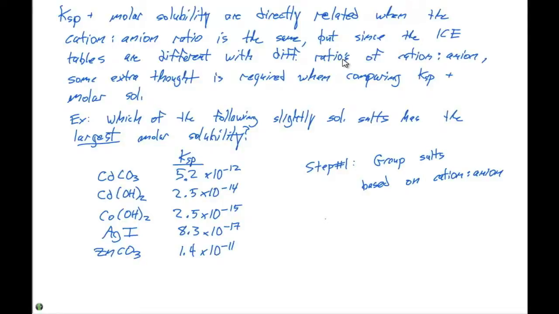There's a group that I'm going to call AB and a group that I'm going to call AB2. The AB group is going to be the cadmium carbonate, silver iodide, and zinc carbonate. The AB2 group is cadmium hydroxide and cobalt hydroxide.